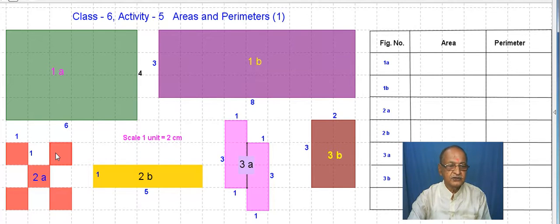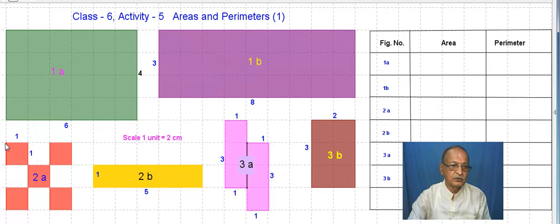This area is also 1 square unit, this also, this also, this also. Altogether the total will be 5 square units. So in the area column, in this row 2A, we will write 5 square units. Now perimeter we have to calculate.